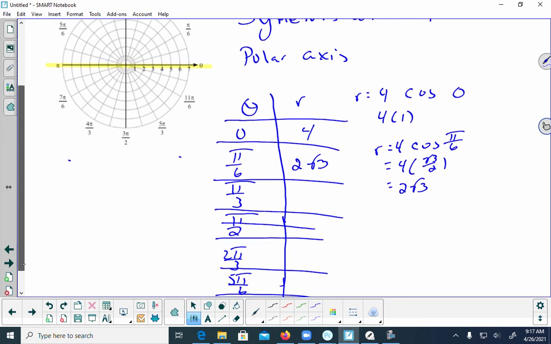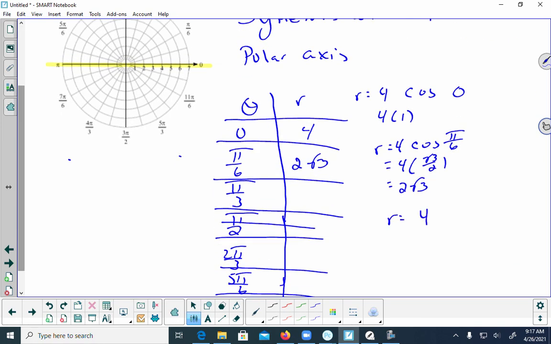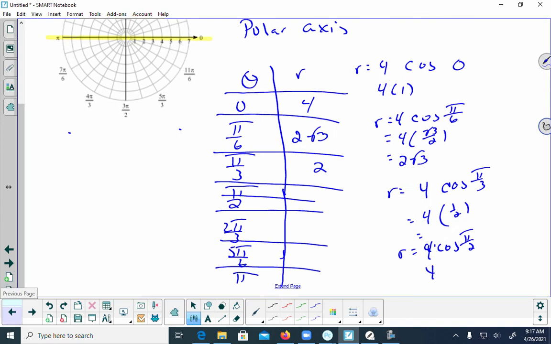I'm going to do 4 times the cosine of pi over 3. So that'll be 4 times 1/2, which will be 2. Then I'm going to do 4 times the sine. Oh, why did I say sine? Cosine. 4 times the cosine of pi over 2. The cosine of pi over 2 is 0. So 4 times 0, this will be 0.